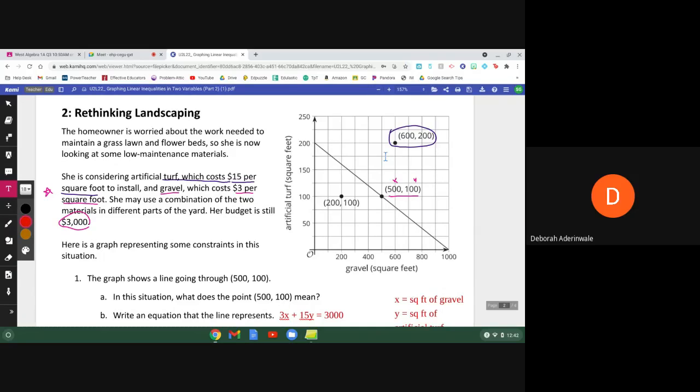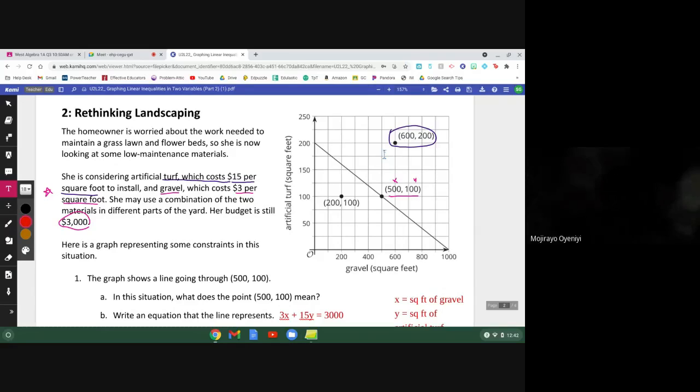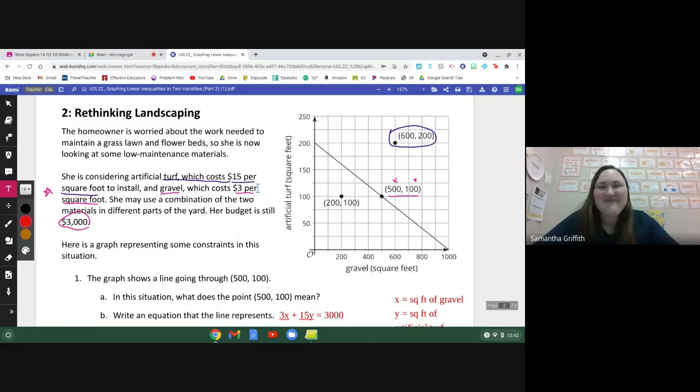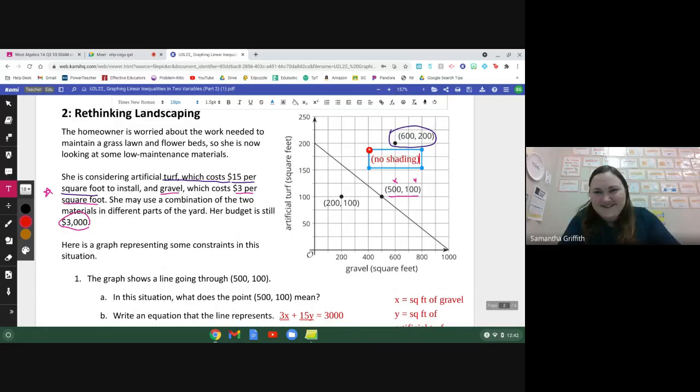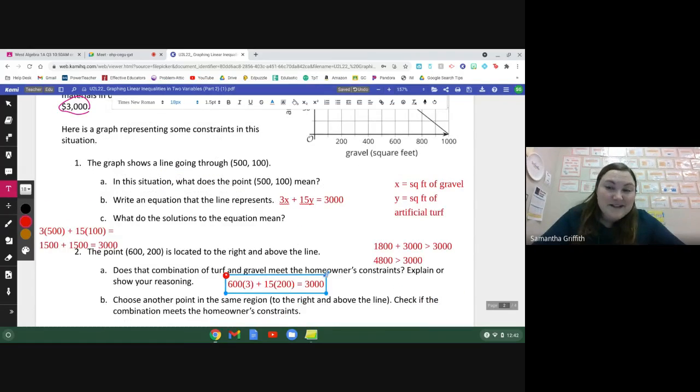No, we can't shade it because it's not part of the solution. Yep, so I hear you both saying we can only shade when it is the solution. So that point right there shouldn't be in a shaded area because you just did the math to figure out it doesn't meet the budget.